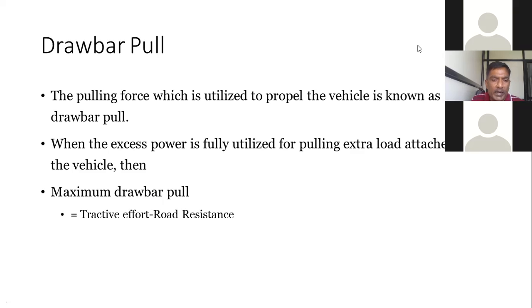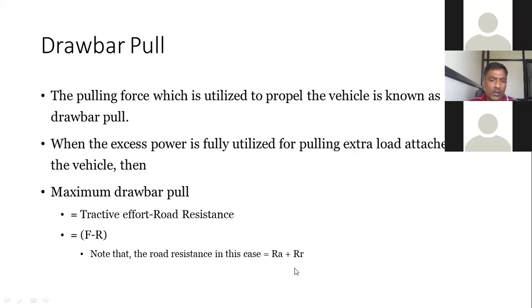Okay, so again that excess power assumption, when the excess power is fully utilized for pulling extra load attached to the vehicle, then we can have maximum drawbar pull equal to tractive effort minus road resistance, that is F minus R. Here this R is nothing but road resistance. Here you are going to consider total resistance. So note that the road resistance in this case is RA plus RR. So here we have not considered the gradient.